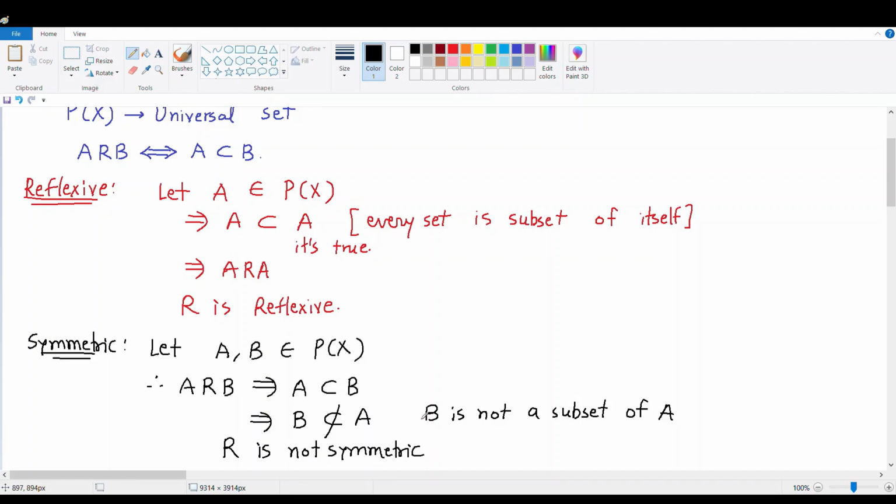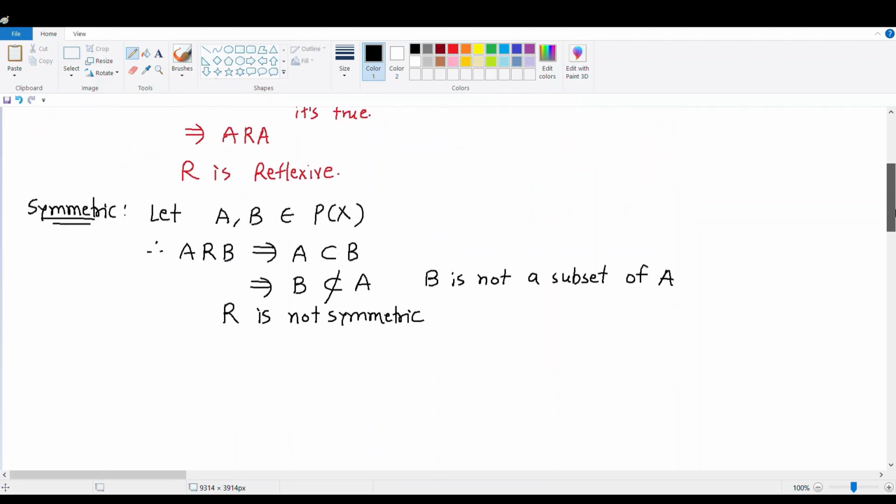R is not symmetric. Now we are going to show transitive. Actually, we don't need to. Why? Because it is not symmetric. So of course it's not an equivalence relation, right? But yeah, we're supposed to, so we are going to show transitive as well. So in transitive, we are going to take three different sets.